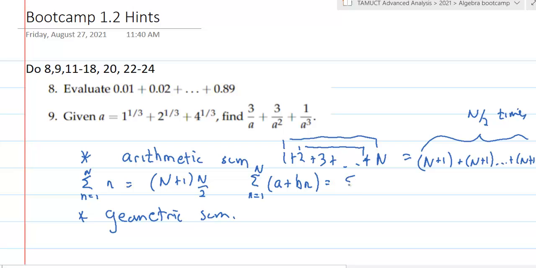I can write this as the sum n equals 1 to N of a plus the sum from n equals 1 to N of bn. I can take the a outside here, and then here I can take the b outside.